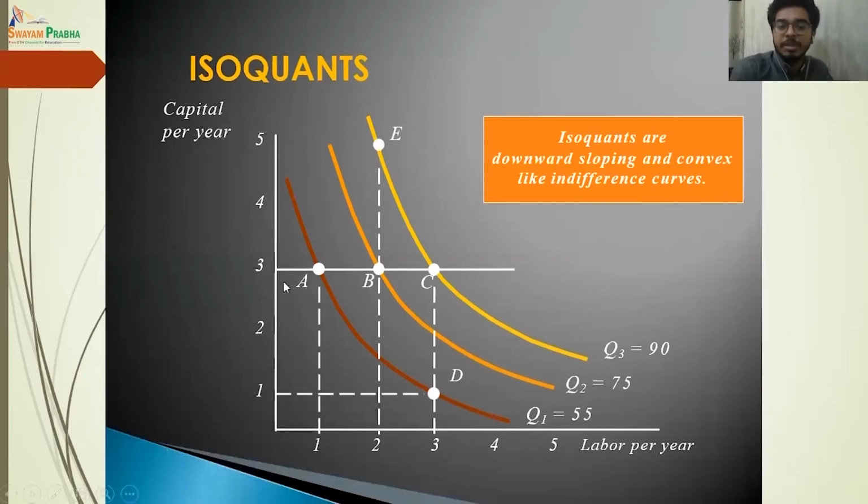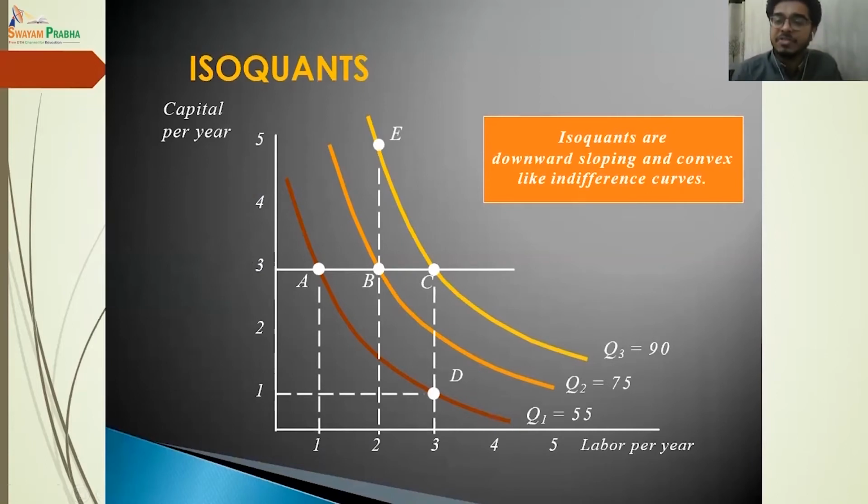So when keeping these 3 capital fixed as 3 units, I have increased my labor force from 1 to 2 and from 2 to 3. Let us assume from 0 to 1, 1 to 2, and 2 to 3.